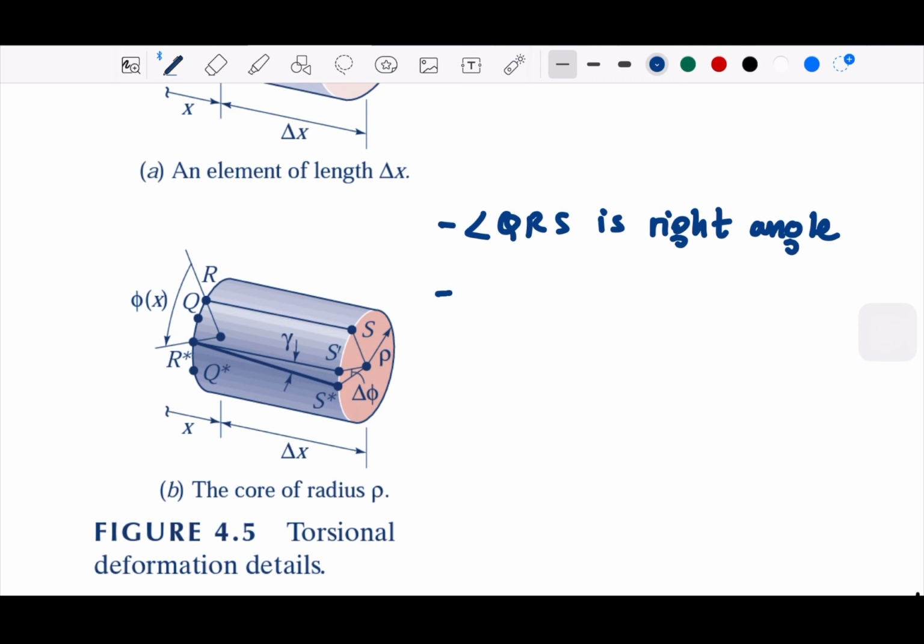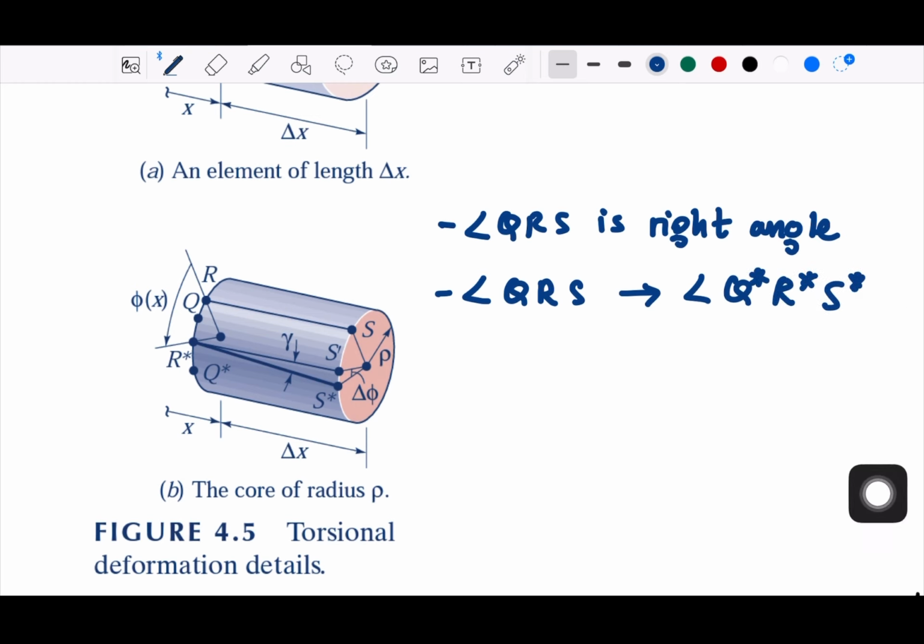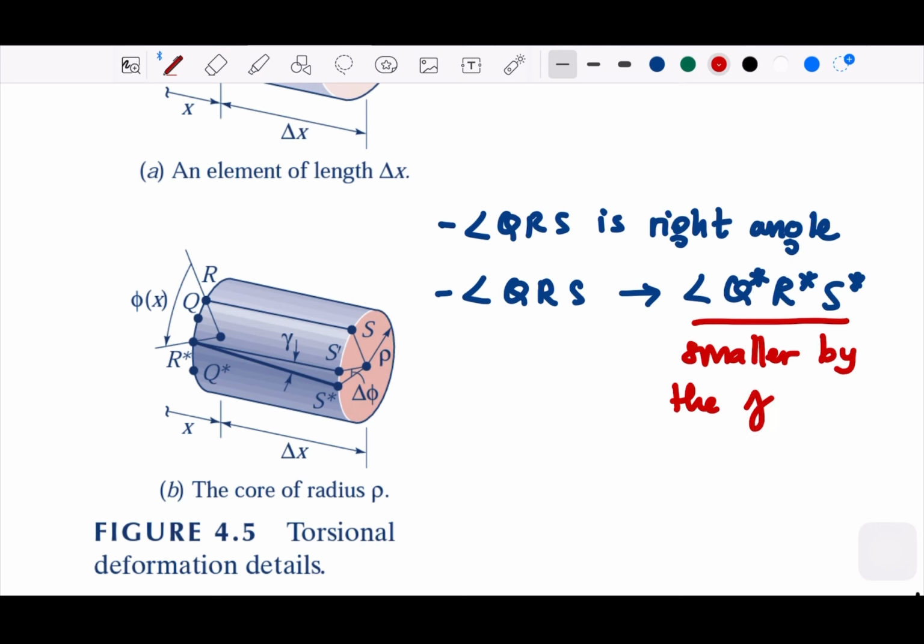And then as a result of deformation, the angle is now changed to the angle at the new position. And this will be smaller by the shear strain angle, or this angle here.